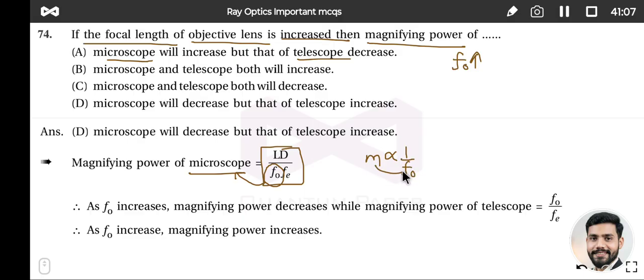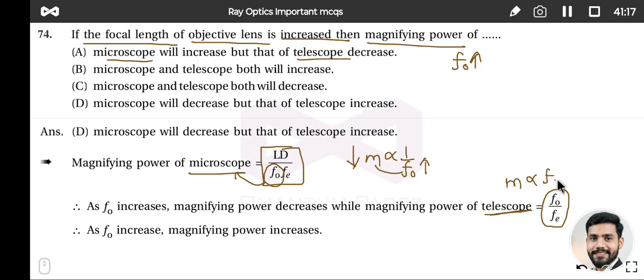So if FO increases, magnification decreases in case of a microscope. And for a telescope the formula is FO upon FE. So here magnification and focal length of the objective lens have a direct relation. So FO increases, magnification also increases.